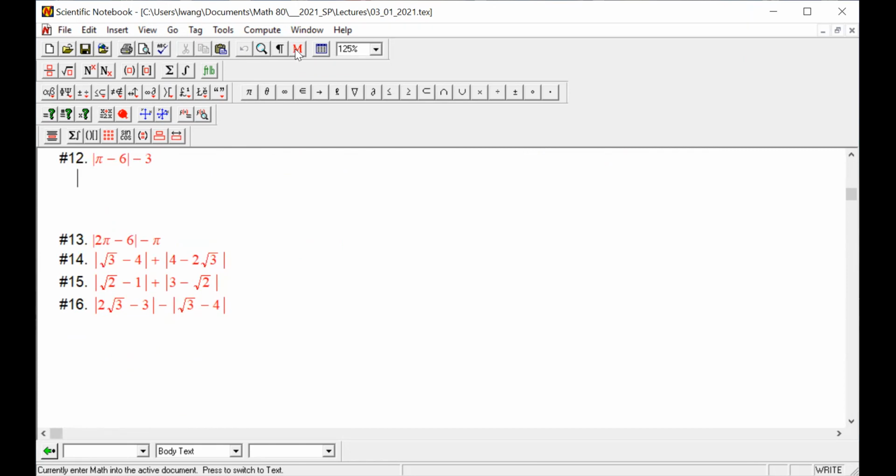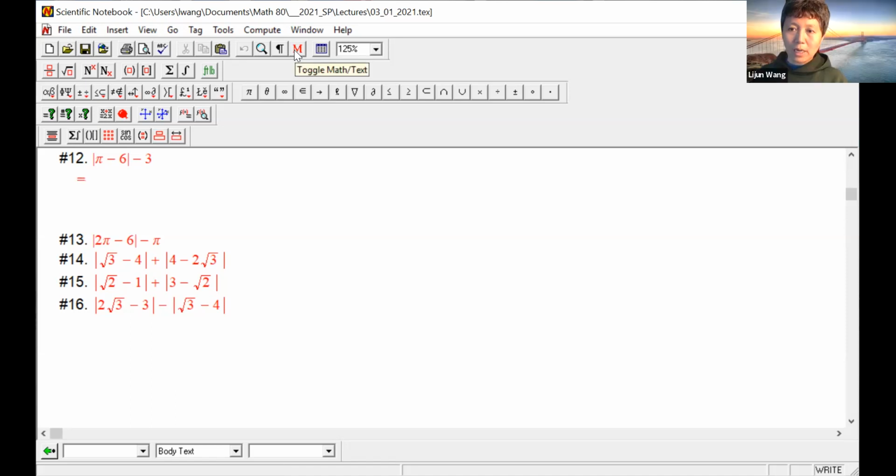What is the absolute value of pi minus 6? Well, pi is less than 4. If it's less than 4, it's less than 6. So pi minus 6 is negative. The absolute value of a negative number is, what? Its opposite.